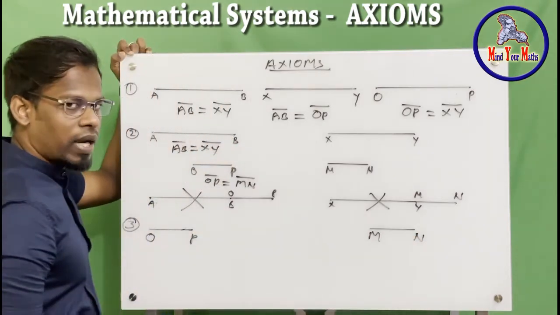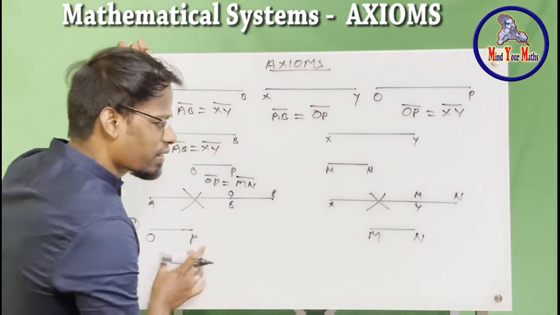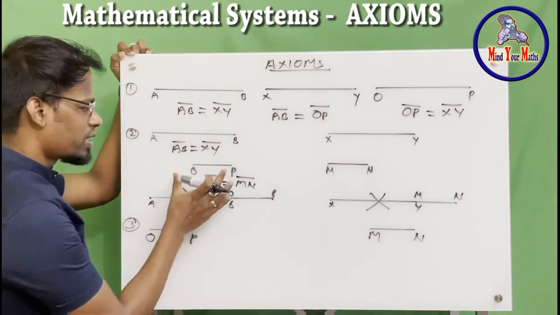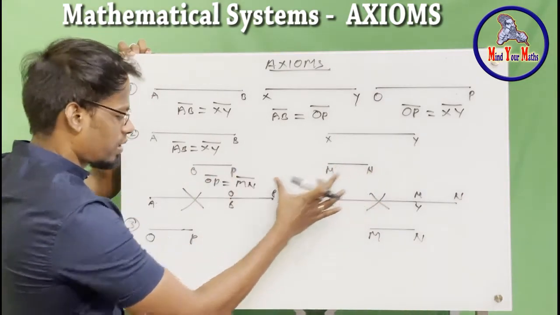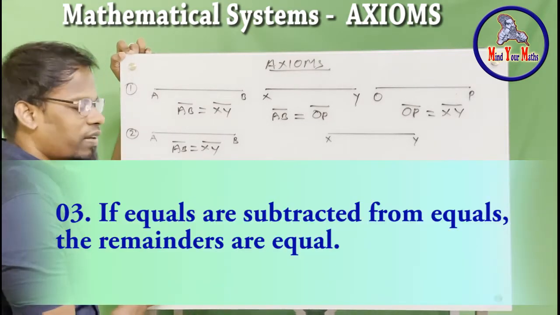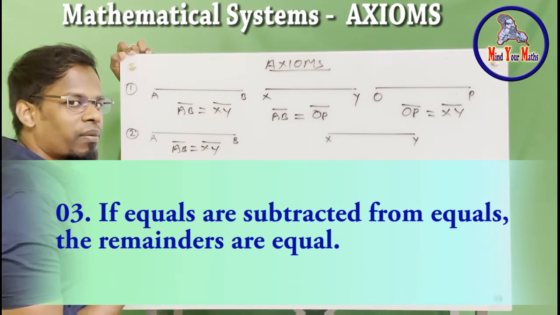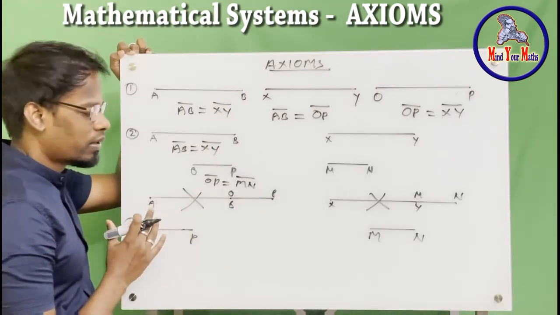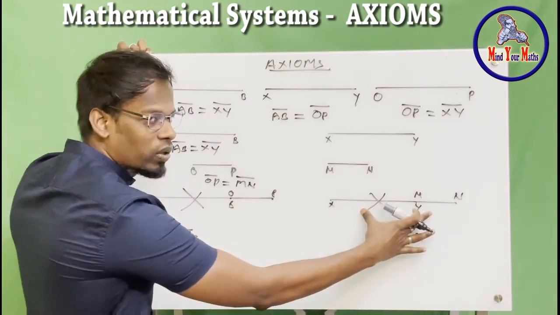MN, right? So now you tell me whether the lengths of these two are equal or not. They are equal, because this is what we got back after subtracting equals, right? So if the equals are subtracted from equals, the remainder will be equal, right? This equal to this one, that's what we saw.